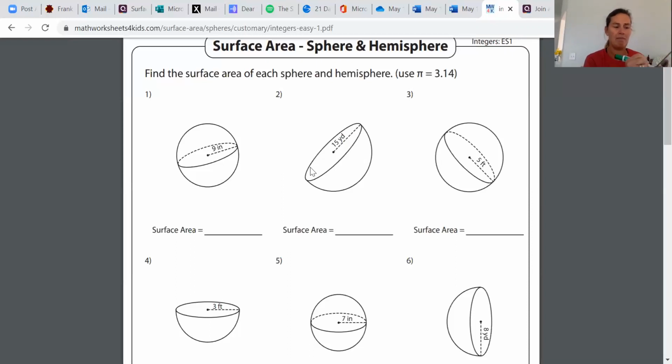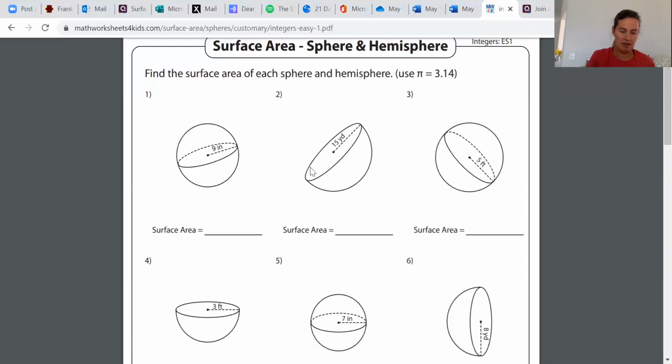So I'm going to add on pi r squared. So I can do 4 pi r squared divided by 2, plus pi r squared. Now, granted, there's definitely combining like terms, but I want you to really think about what you're doing, not necessarily just the formula, which is why we're teaching it this way.